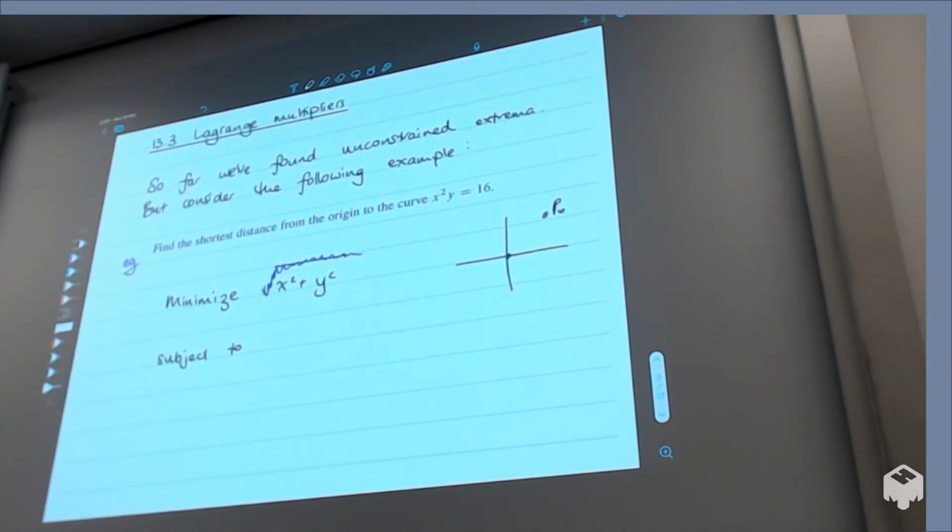How do we just get rid of the root like that? So we basically just say, okay, I need to minimize the square root of something. Well, the x and the y value that will minimize the square root of x squared plus y squared is the same x and y value that will minimize x squared plus y squared.